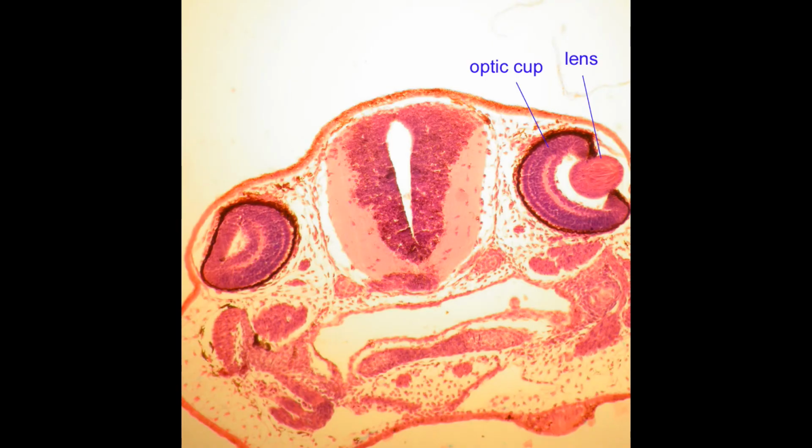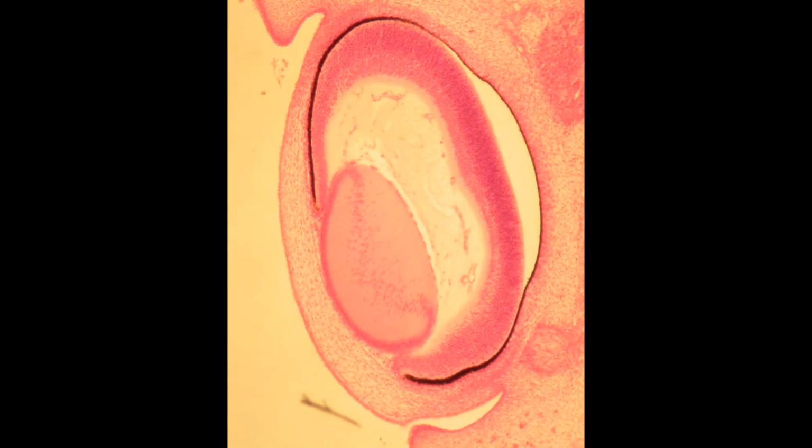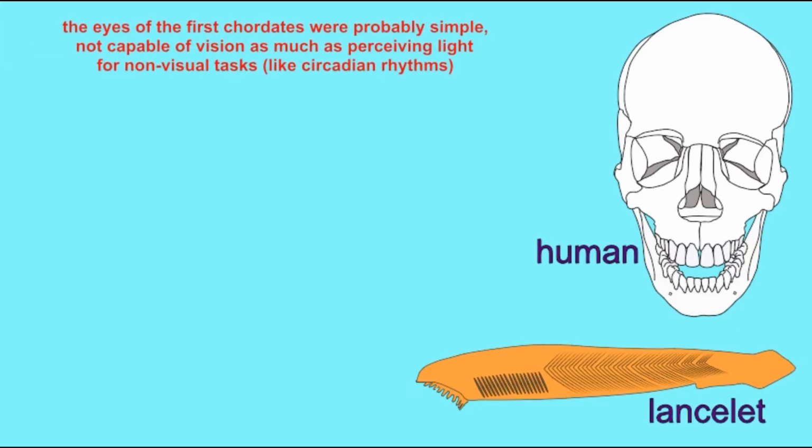The proteins of the lens, which are transparent and allow for the passage of light, are not unique to lenses. They are derived from other proteins which had other functions, such as heat shock proteins or enzymes.